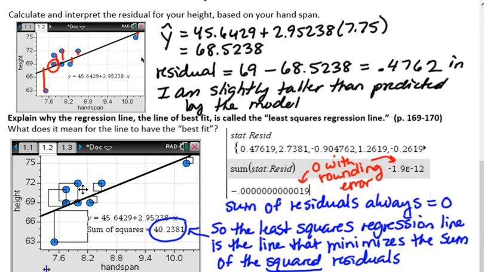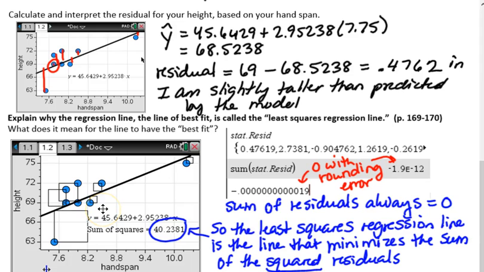So what I do is I square all the residuals, very much like we did with standard deviation when we talked about how much different values of variables varied from the mean. Some of them varied above the mean and some below, and when you add them up, those variations always added up to 0 because that was the definition of the average. So by definition, these residuals are going to turn out to add up to 0.